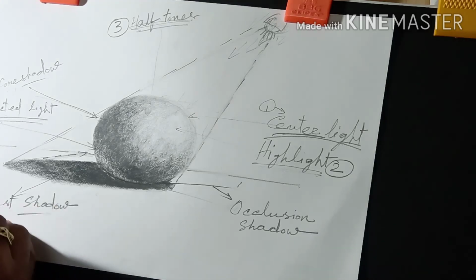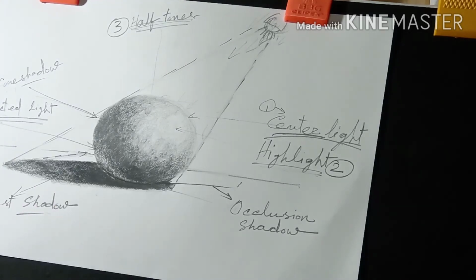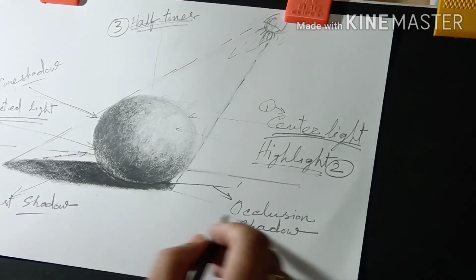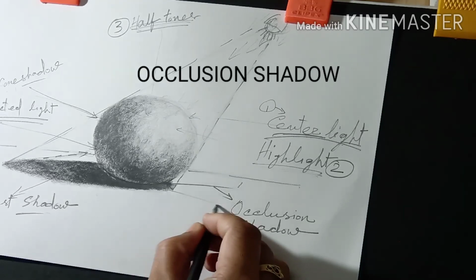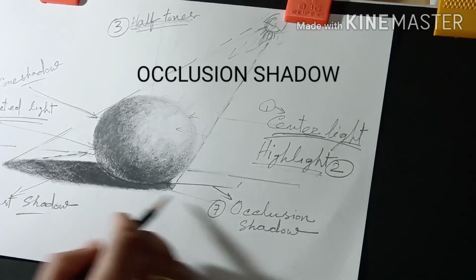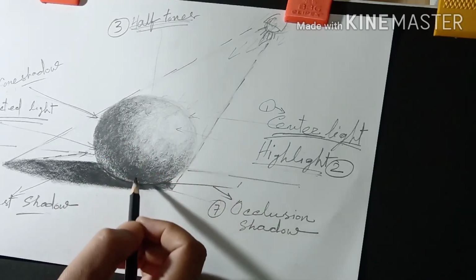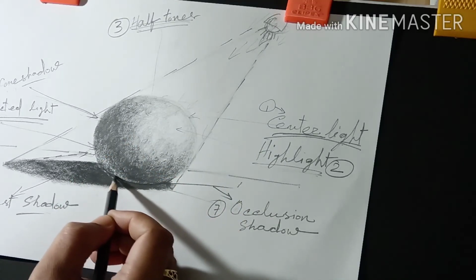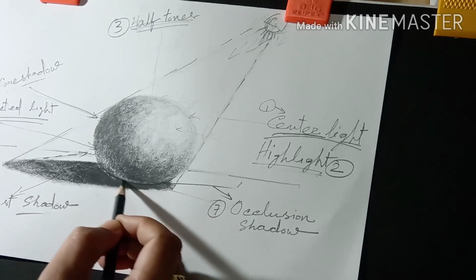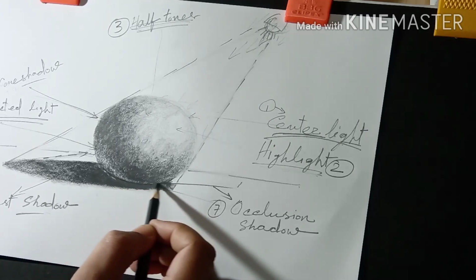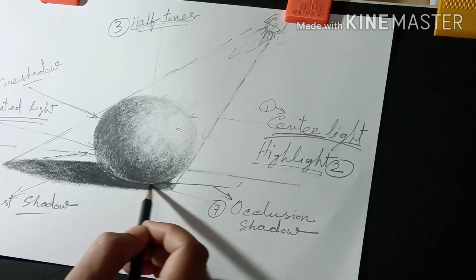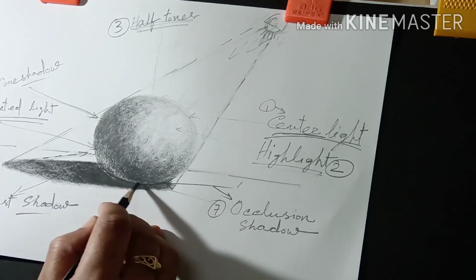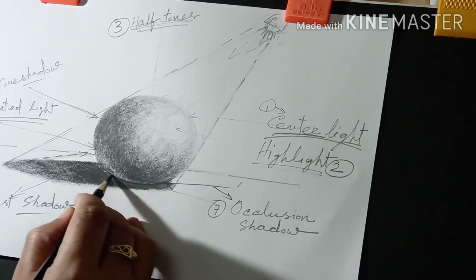And number 6 was the cast shadow, number 7 is the occlusion shadow, meaning just at the bottom of the ball or object we can see one dark place, because here there is no light effect, totally dark.